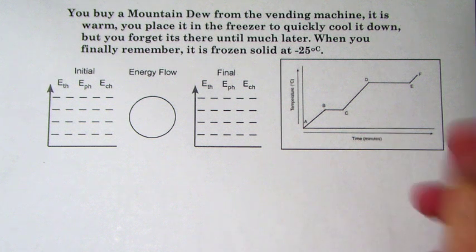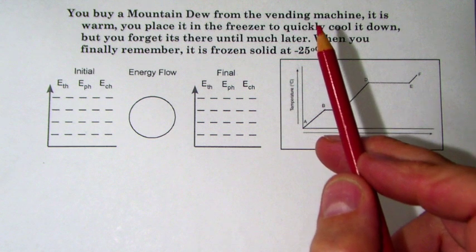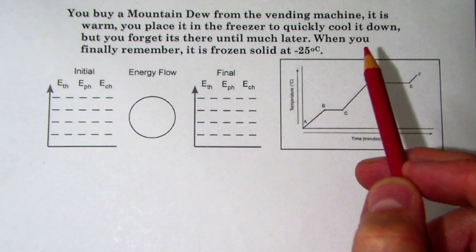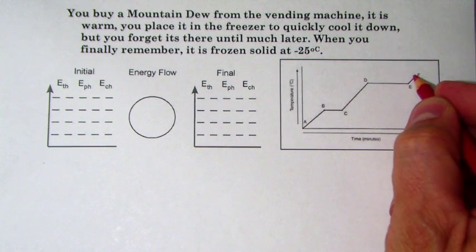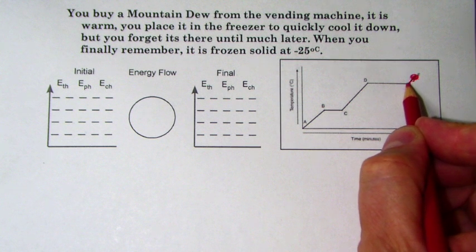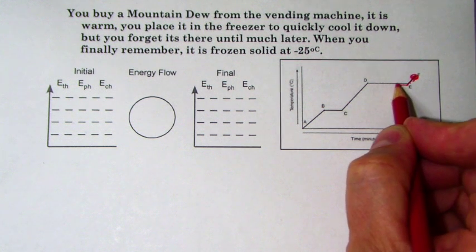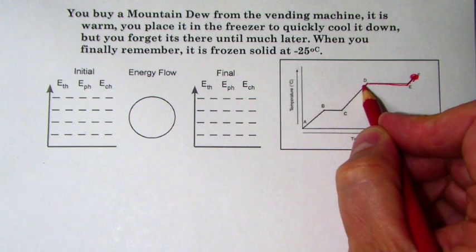Well, okay. It starts at room temperature and it freezes and cools down. So I'm going to say it starts up here in the liquid state and it's going to cool down. At that point it'll start to freeze. It'll completely freeze and it'll drop to negative 25.